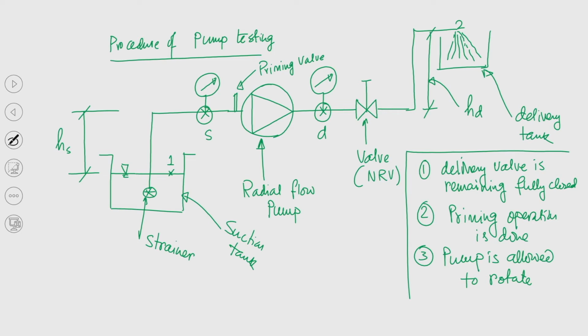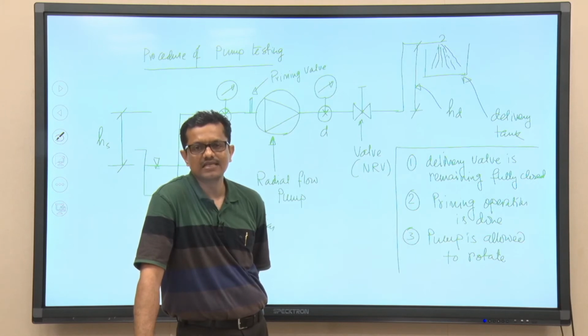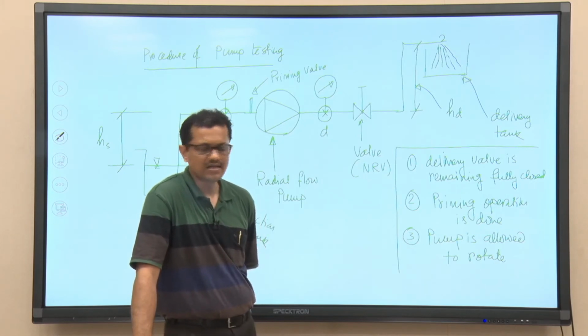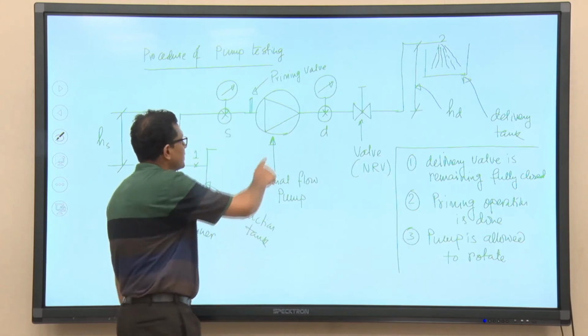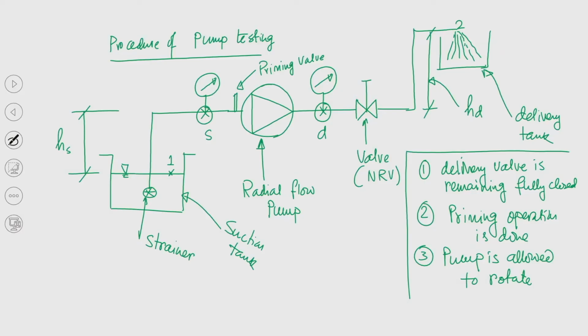So, by switching on the electric motor or by starting the diesel engine, the pump will run, right. And if the pump is run, with the delivery valve remaining closed and the priming operation already done, what will happen? Now, the liquid will go from point 1 to point S, and we will be able to get some amount of liquid through the delivery valve.